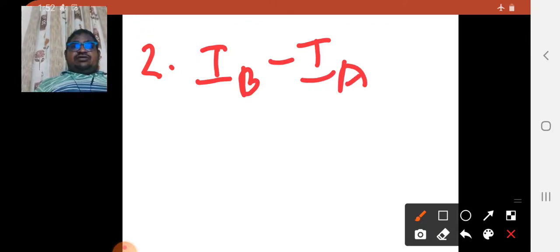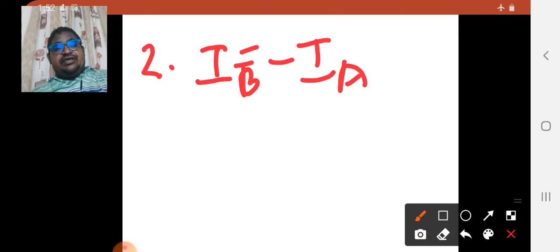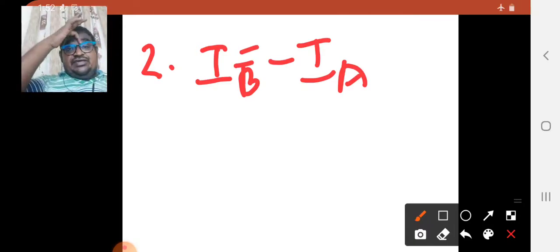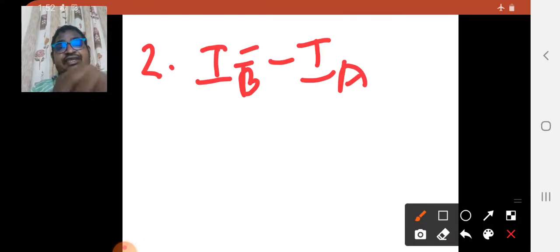IB is equal to minus IA. If you substitute IB equal to minus IA, then ln of infinity will be cancelled.